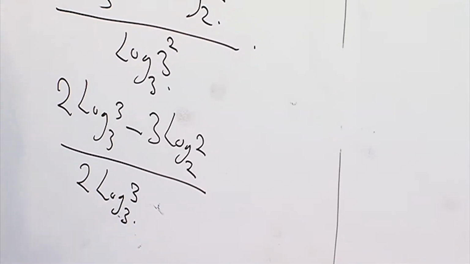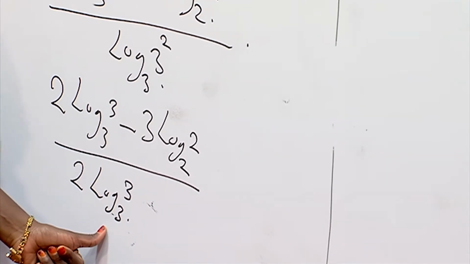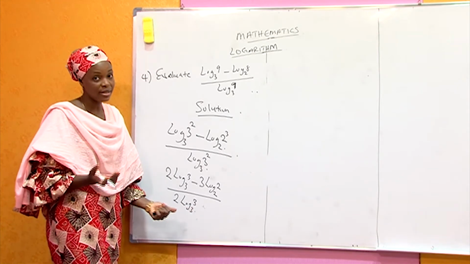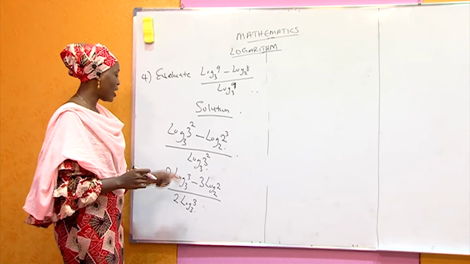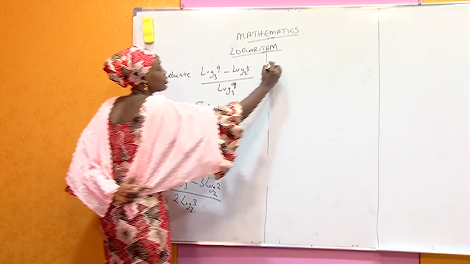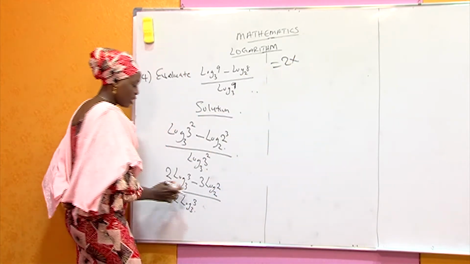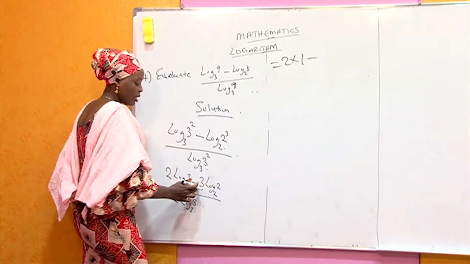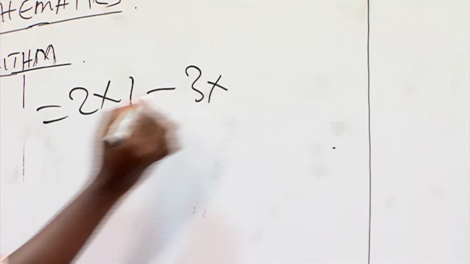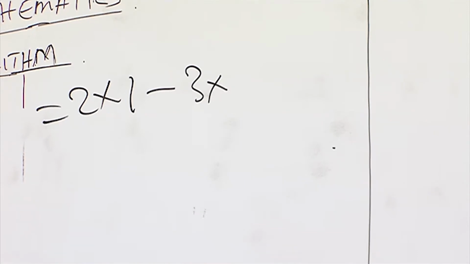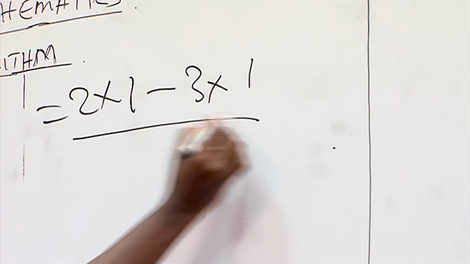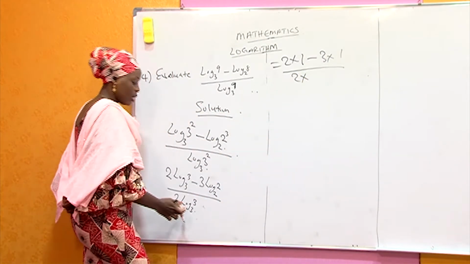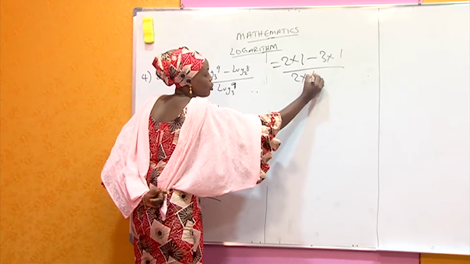So looking at it, we know that we can also apply the rule of same base. When the logarithm and the base are the same, it equals 1. So applying that here, this gives me 2 times log 3 base 3 is 1, minus 3 times log 2 base 2 is 1, all over 2 times log 3 to base 3, which is also 1.